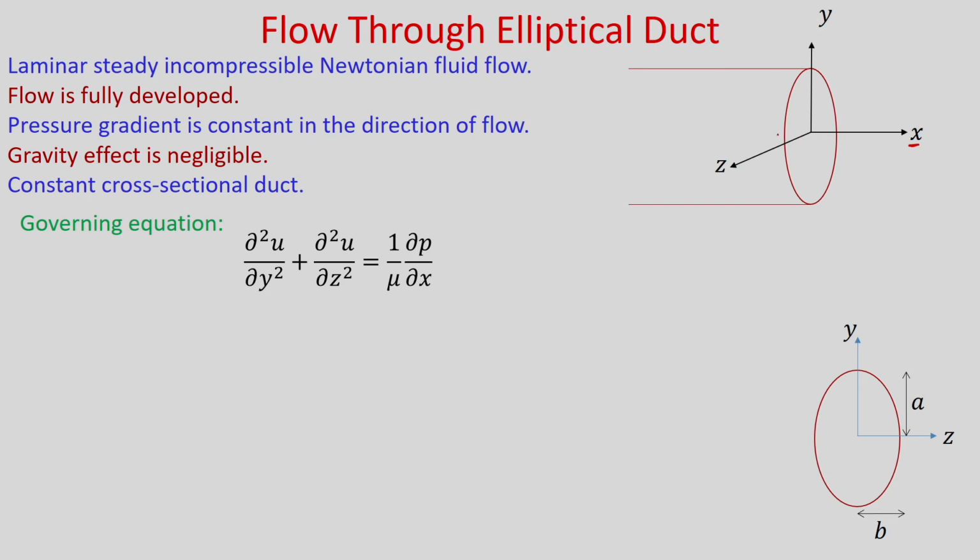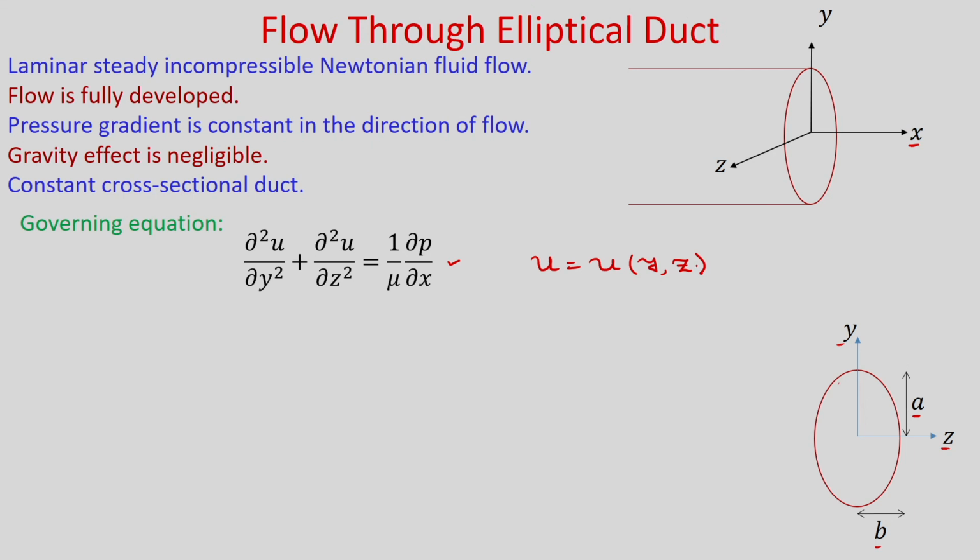If you take any particular cross section, then you get this elliptical duct with uniform cross section, where this is the z direction, this is the y direction, this is the major axis and this is the minor axis. Obviously, for this particular case the governing equation is this one, where del p by del x is a constant in the direction of flow and u is a function of y and z, right.